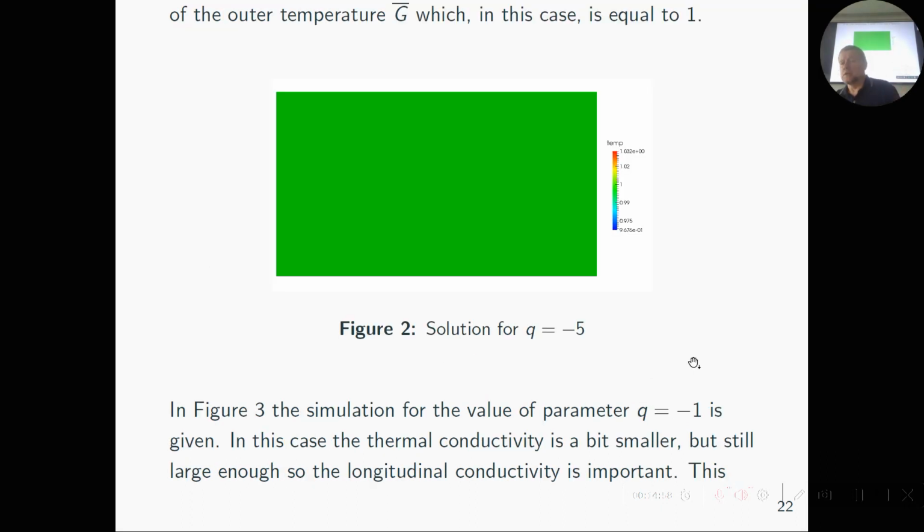Okay, so in the case when the wall of the pipe is highly conducting, there is nothing going on in the fluid. The temperature stabilizes very quickly to a constant, and you can just see the homogeneous distribution of the temperature, which was predicted by the model.